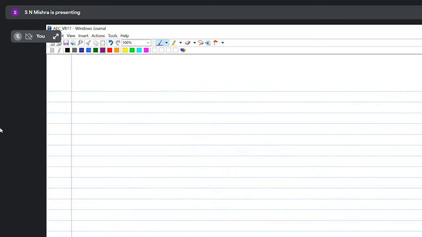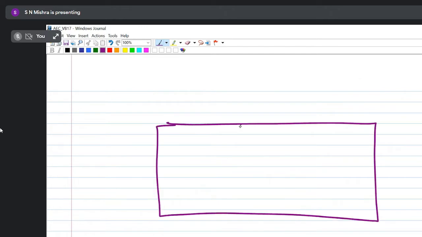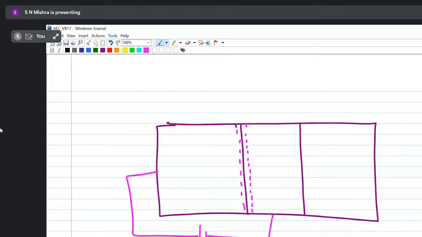Actually, if I take a diagram, look at here. So this is your P and P, and this is your forward bias junction.